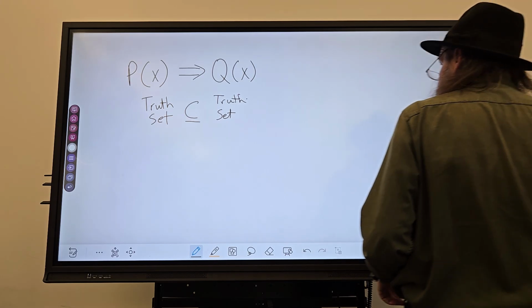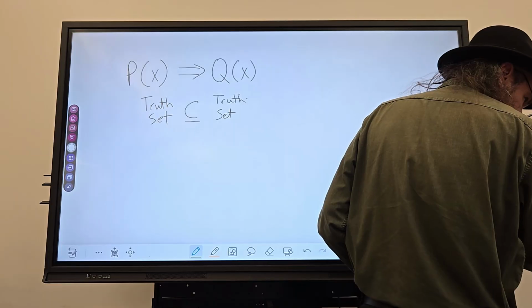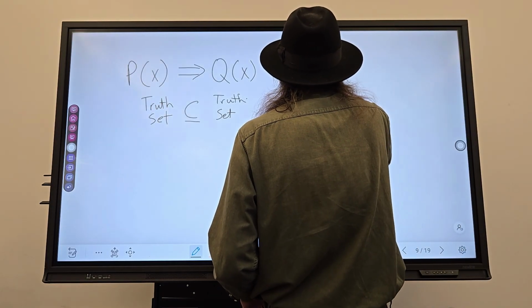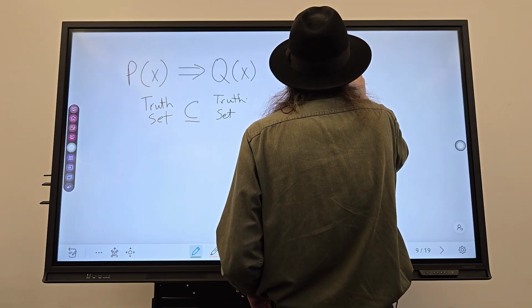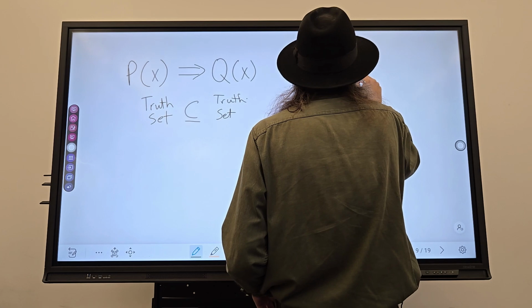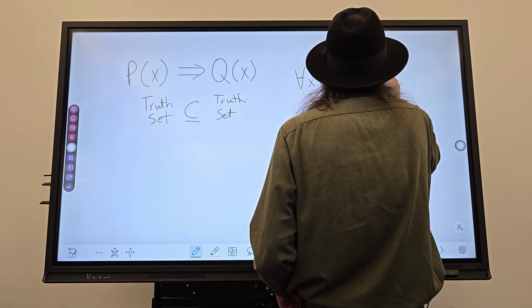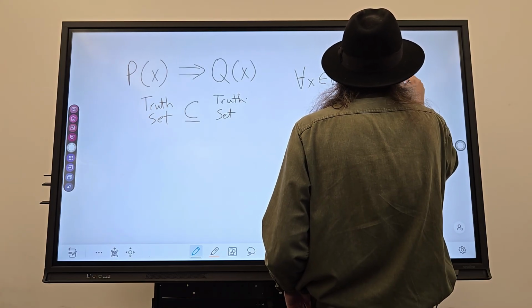This can also be written out as for all x element of D, P of x implies Q of x.